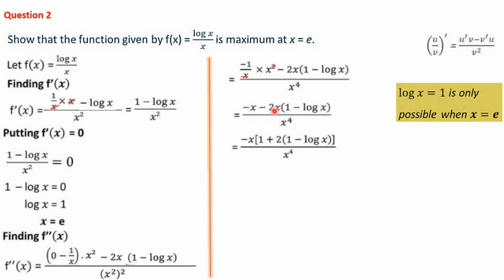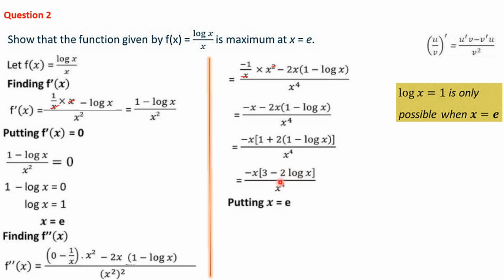So minus x, if you take a common factor, 1 balance, then plus 2 into 1 minus log x by x power 4. Then minus x into 1 plus, removing the bracket, 2 into 1 is 2. So 1 plus 2 is 3, and minus 2 log x by x power 4.